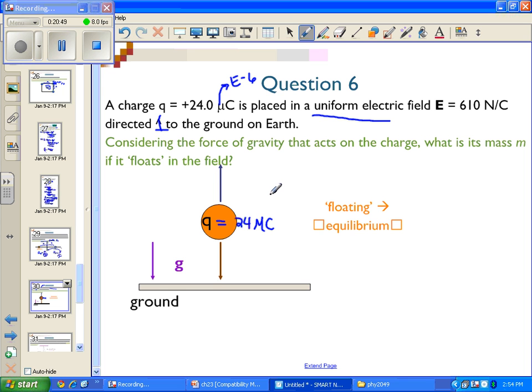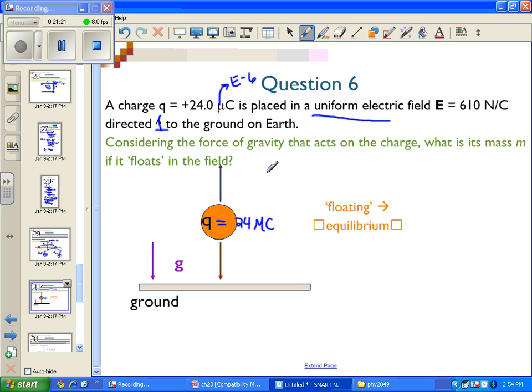So then it says, consider that not only will the electric force due to this electric field act on the charge, so does the force of gravity. Being that this charge is subjected to two forces, the question asks us to determine for what mass of this charge will it be able to float in the presence of both fields.